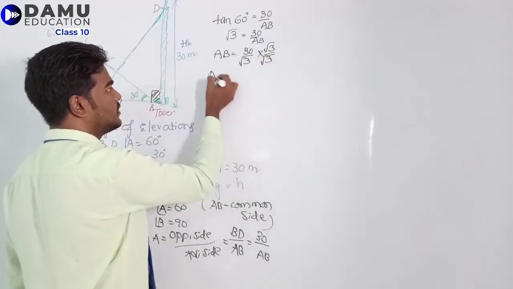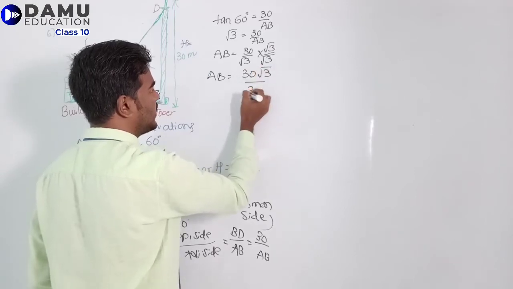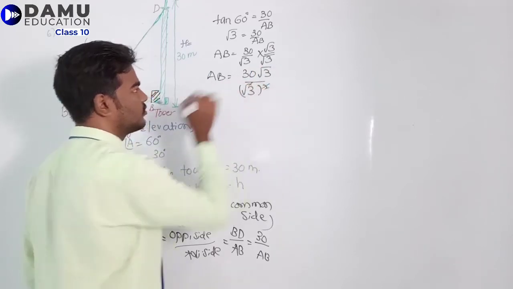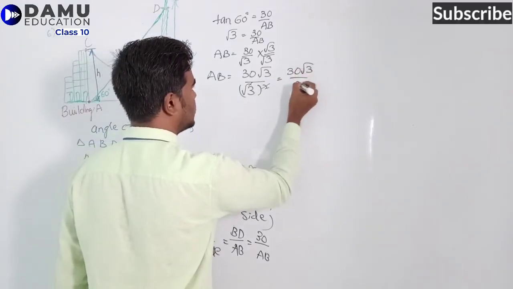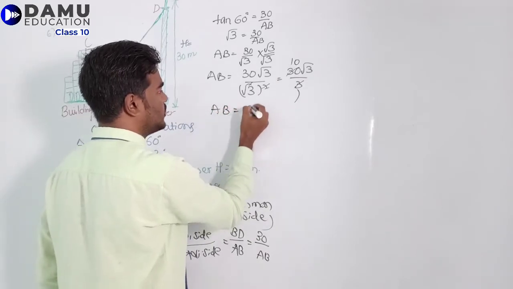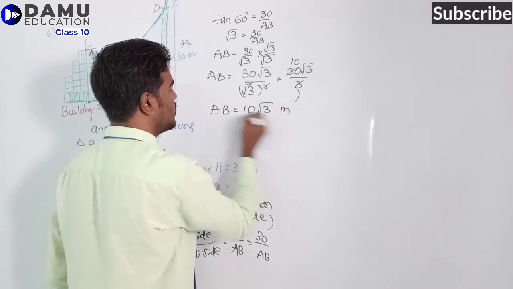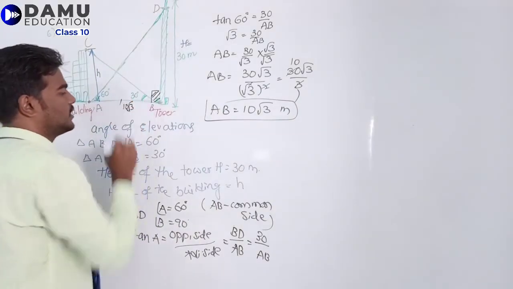So 30 root 3 divided by root 3 squared, the root 3 cancels. Then we get 30 root 3 by 3. So AB is equal to 10 root 3 meters.